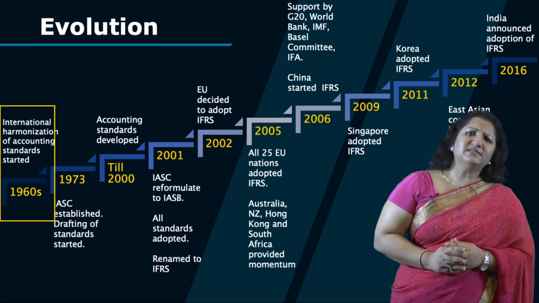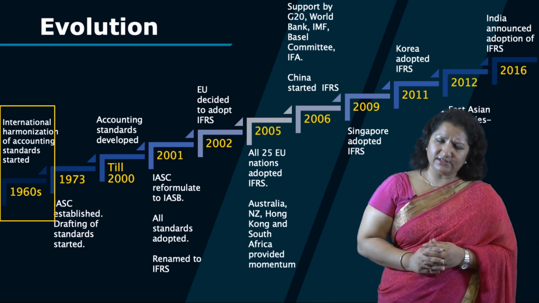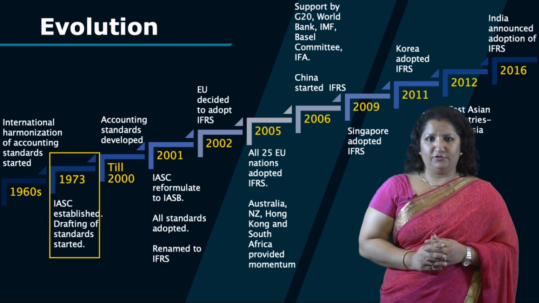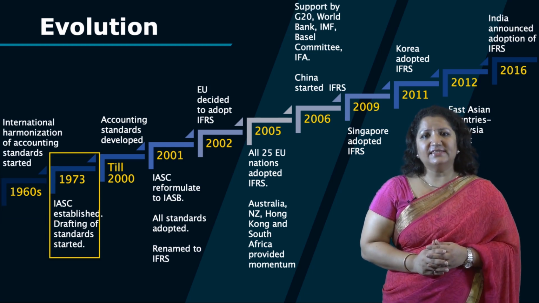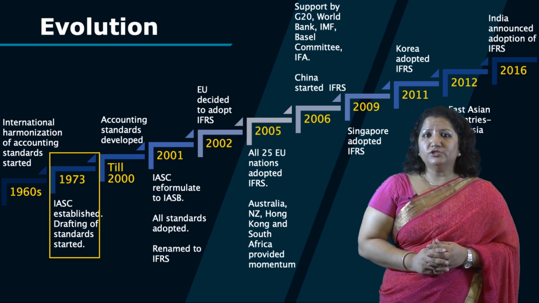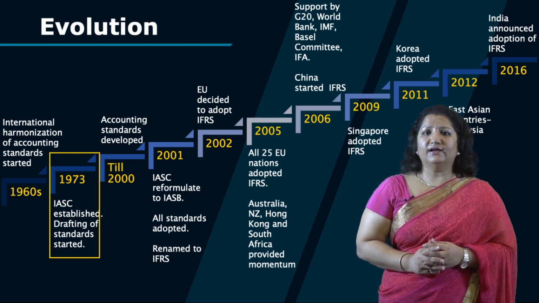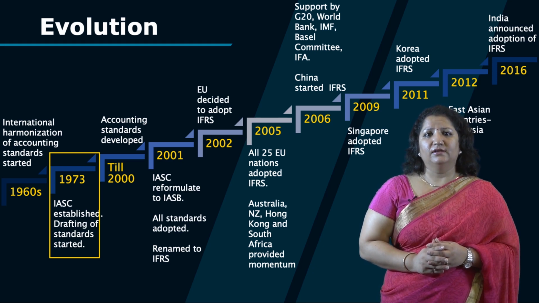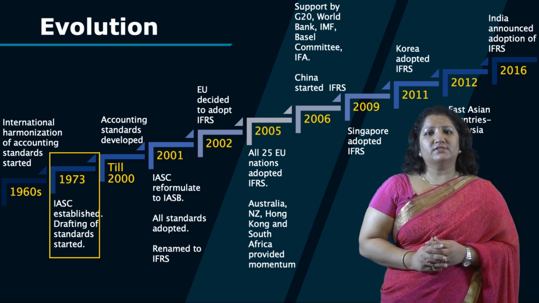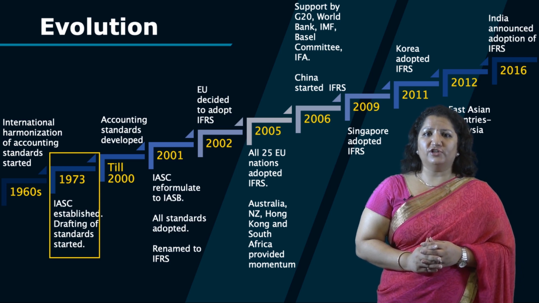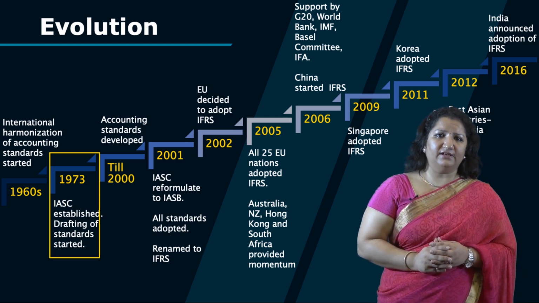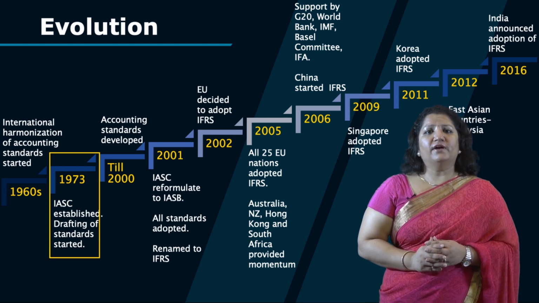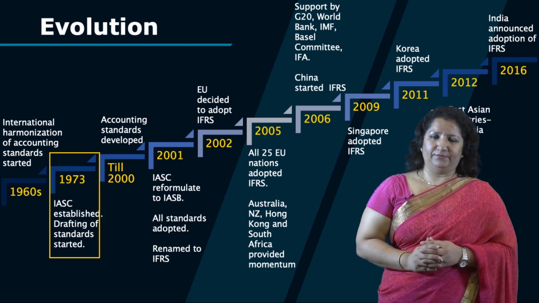Long back in the 1960s, the debate on international harmonization of accounting standards started. It formally commenced in 1973 with the establishment of the International Accounting Standards Committee, IASC. IASC was assigned the task of drafting international accounting standards to gain investors' confidence and to provide a strong investment climate.